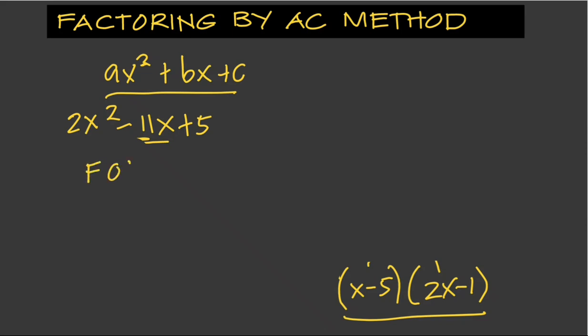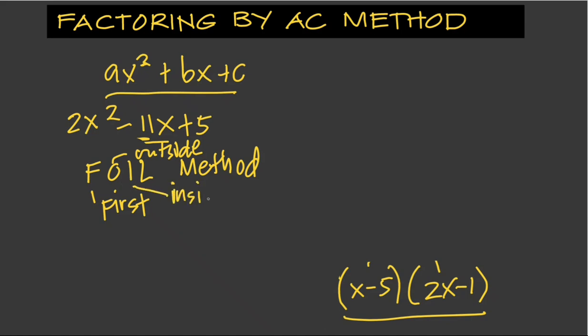FOIL: for those who don't know this yet, we multiply the first terms, the outside terms, the inside terms, then the last terms. That's why it's called FOIL.